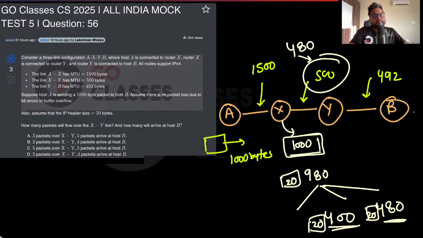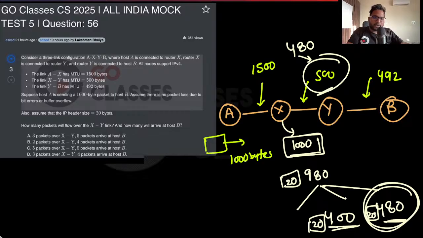Is this fine to everyone? Now this is total 500, which is anyway lesser than 492. Is there anything wrong, or is this fine? We are sending, suppose the host is sending 1000 bytes of data. Okay, total, I think this is 880 only, and there will be 100 also.